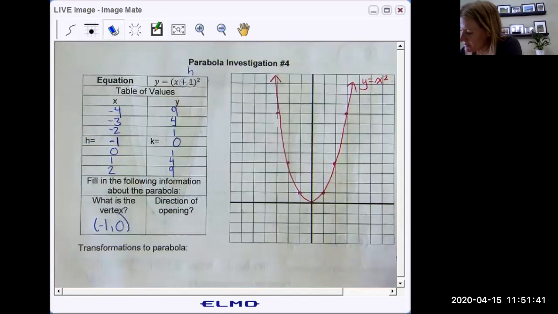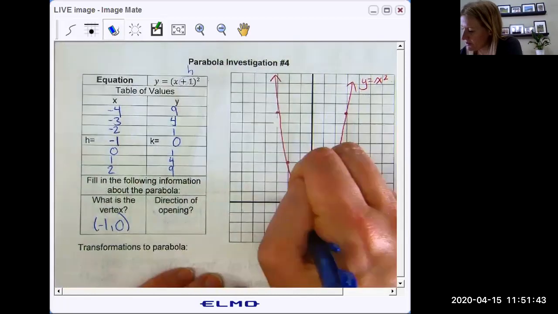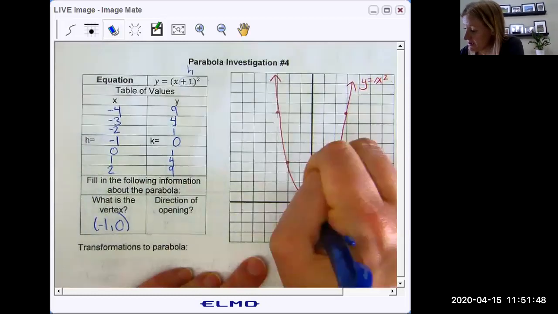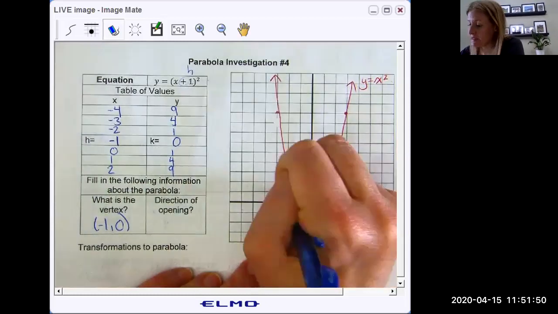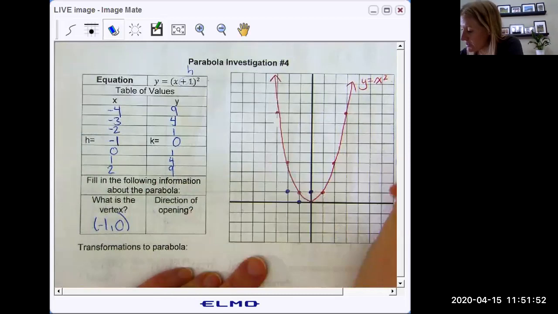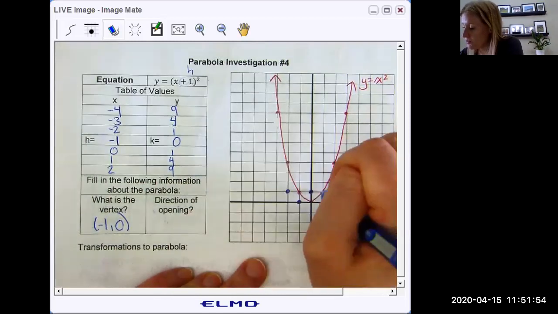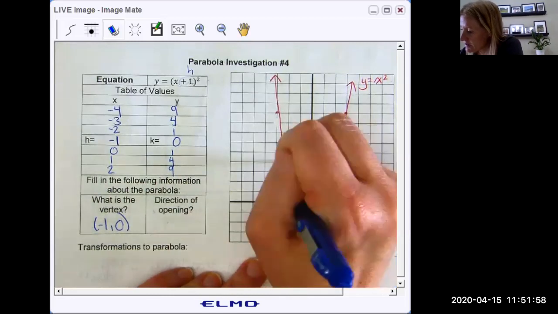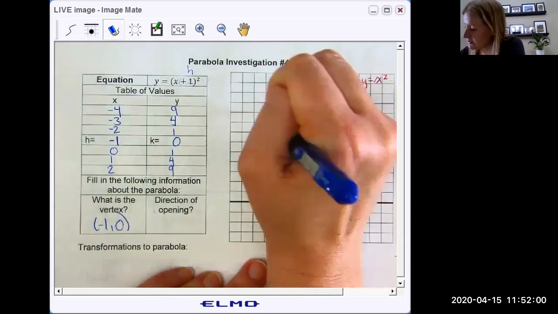All right, so I've got negative 1 and 0 as my vertex. My A value is the same. My step pattern stays the same, but I've also got these table of values I can use. So 1, 4, that's 4, that's 9, and that's 9.